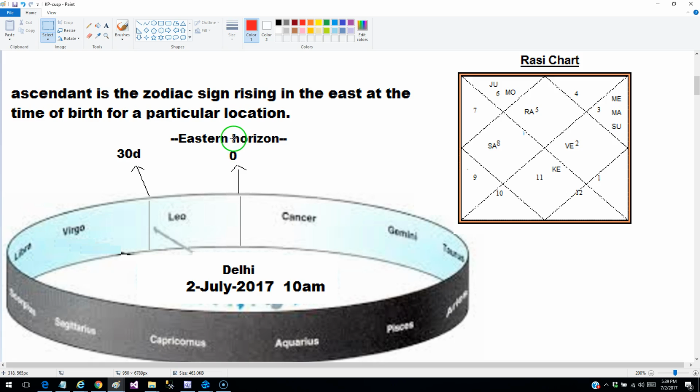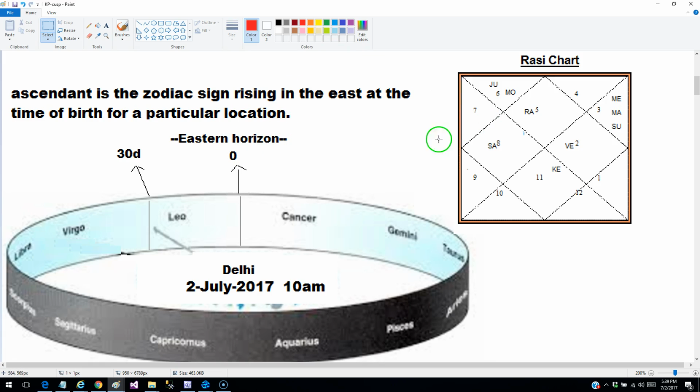Let's assume the sign that was rising in the east was Leo, 0 degree, on 2nd July 2017, 10 a.m., Delhi. That is the definition of our ascendant, the zodiac sign rising in the east.